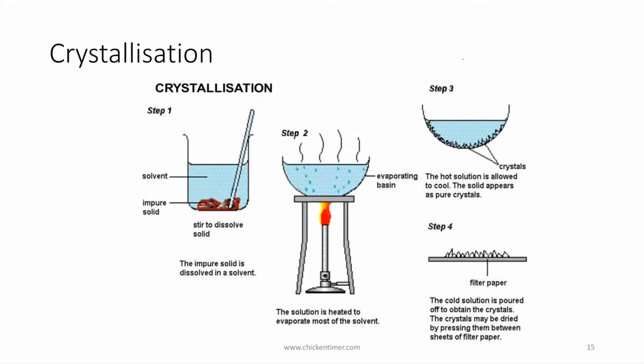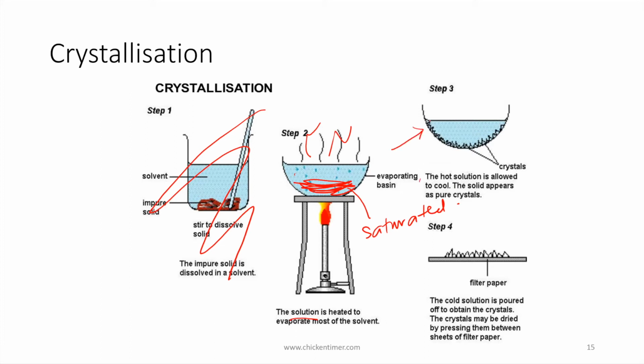Crystallization actually starts from this step, step 2, assuming you already have a solution. So you take the solution and you evaporate it until you are left with maybe half of the solution, the point where the solution becomes saturated. When it's saturated, you take it out from the flame and allow it to cool.